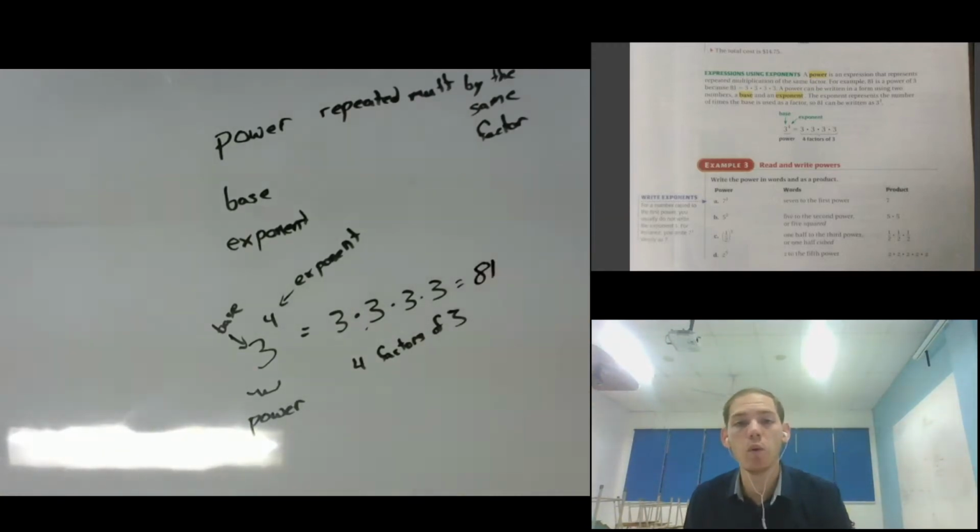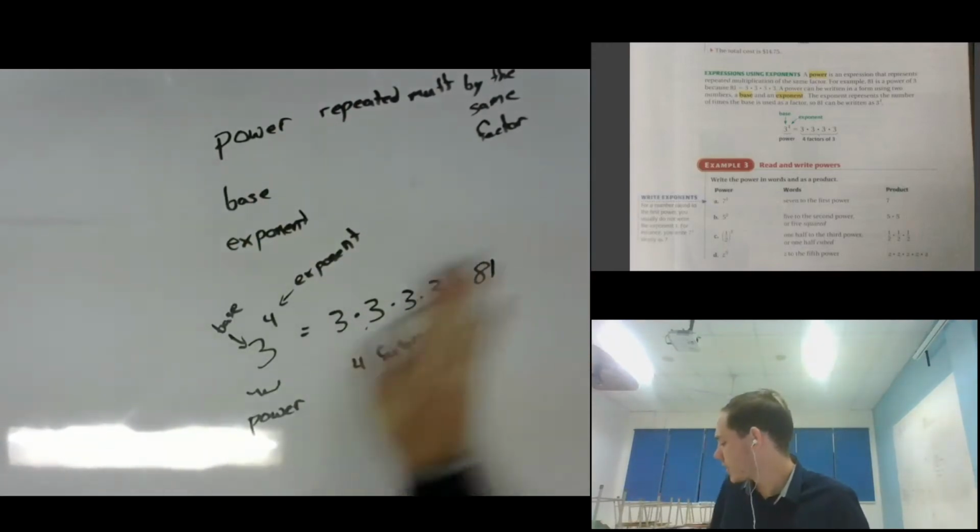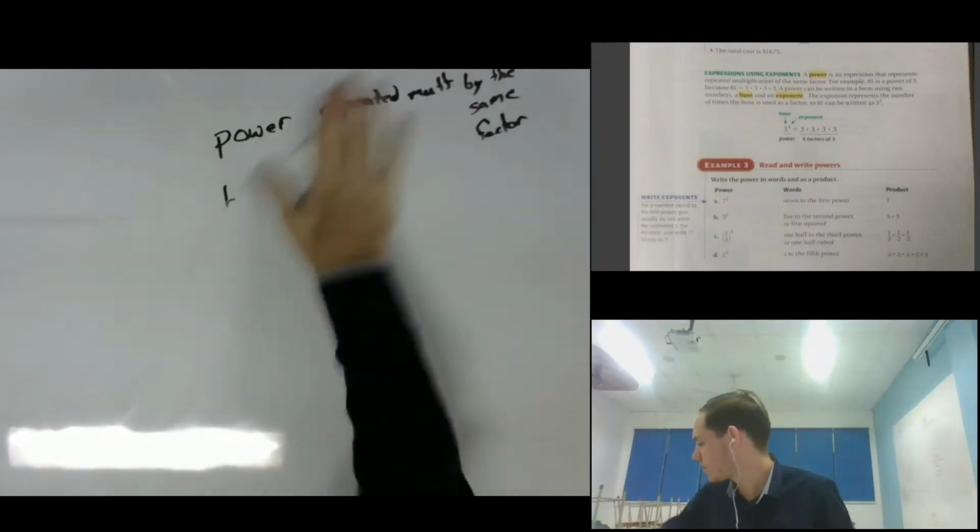So 81 is a power of 3. Let's look at a few examples. I'm sorry if I write cryptically. I'll try to get it to straighten out, but it's part of how I write. So we will look at whole powers right now.